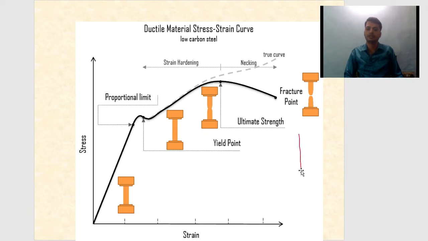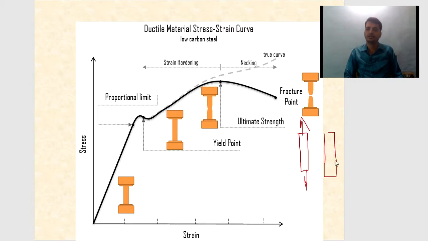That means here, this is a material specimen. I am giving a load. Up to the proportionality limit, no change takes place. We are just applying a load in two directions. Later on, if you keep on increasing the load, internal changes take place.